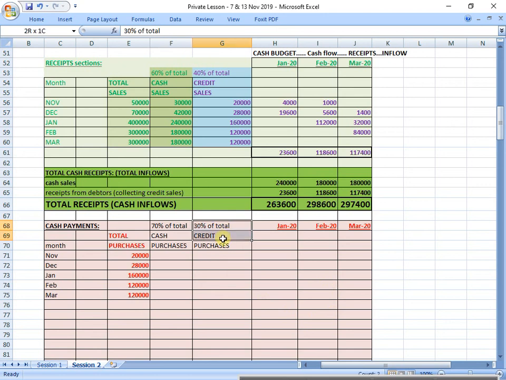Okay, so I need to split it. What is the cash and what is the credit? 70% of this, cash purchases. 30% of this, credit purchases. Okay, obviously if you add the two together, you're going to get the 20,000.